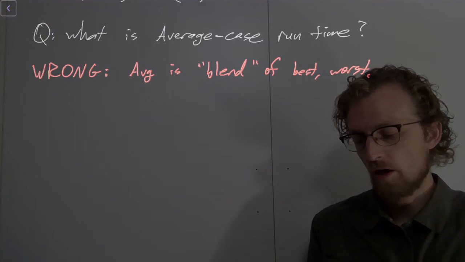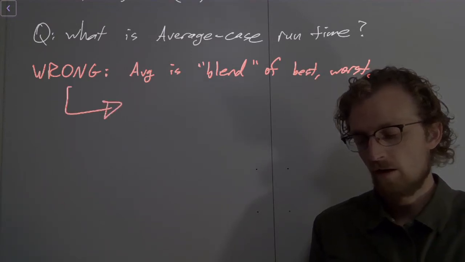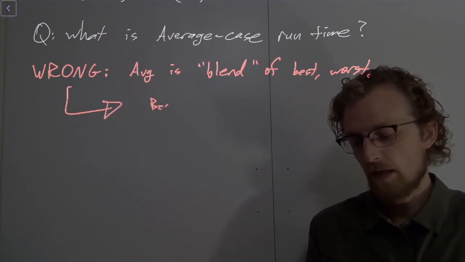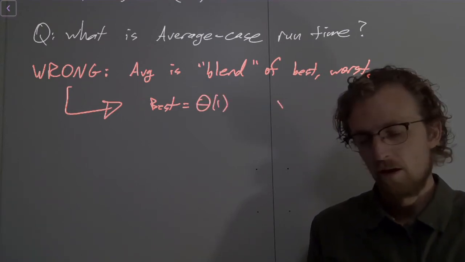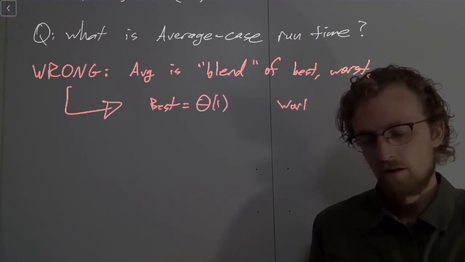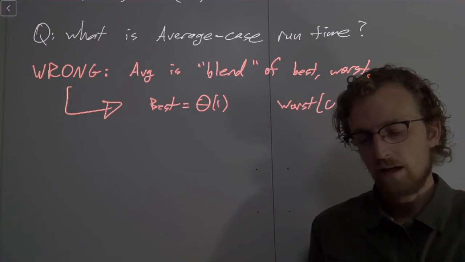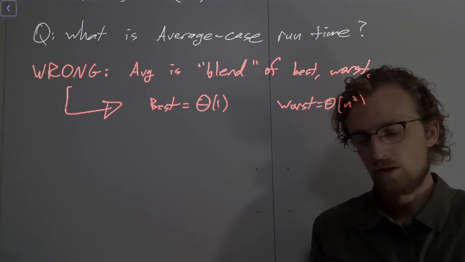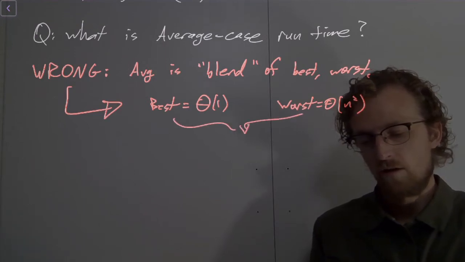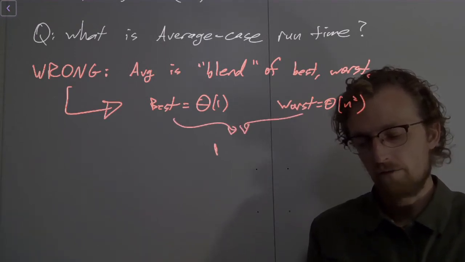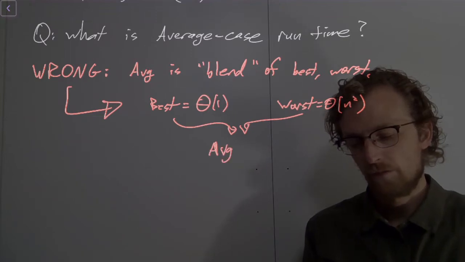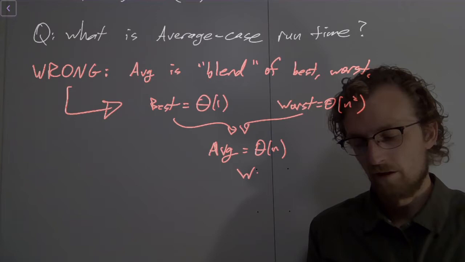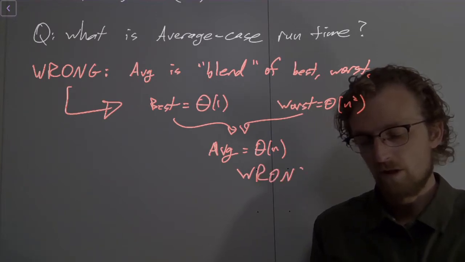We have best is constant time, worst is quadratic, and so somehow that would average out to, say, linear. This is wrong. Don't ever do this.